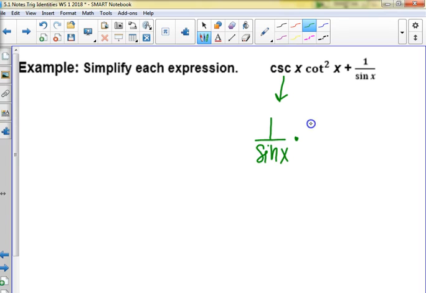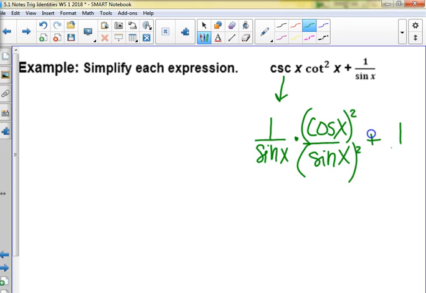I generally, if I'm going to switch things to sines and cosines, switch everything to sines and cosines. So what's the definition of cotangent in sines and cosines? It is cosine over sine. Now, this one was squared. What does that mean? Yeah, they're both squared. Whether you write it like this, put the little 2 like they did here, or write it out twice, doesn't matter.